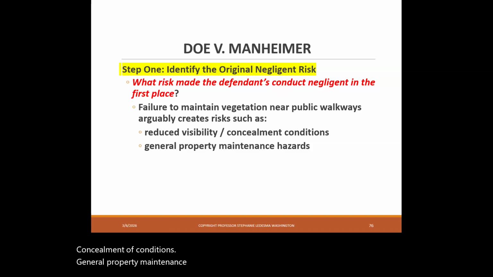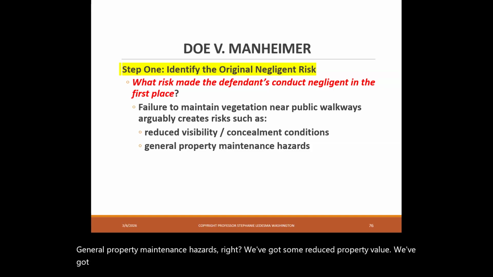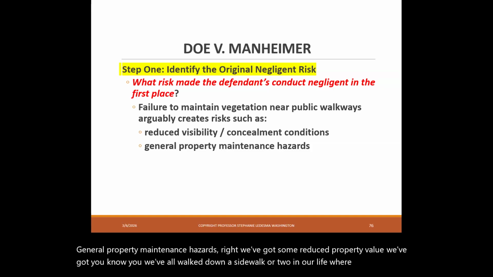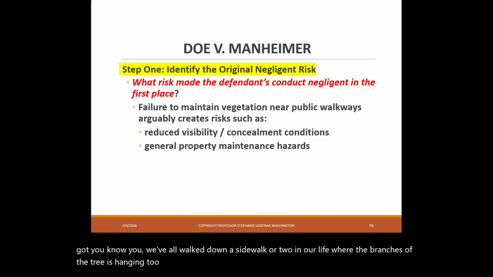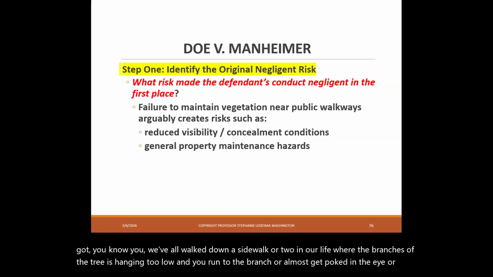We've got some reduced property value. We've all walked down a sidewalk or two in our life where the branches of the tree are hanging too low and you run into the branch or almost get poked in the eye or you get scratched as you try to walk by.